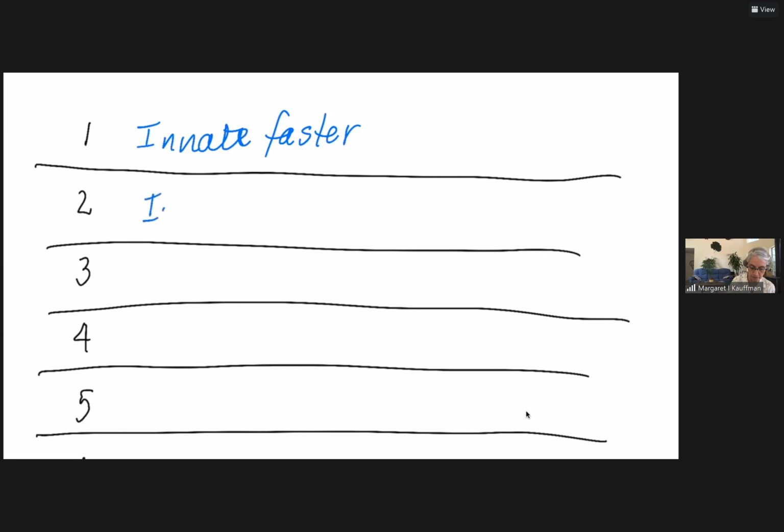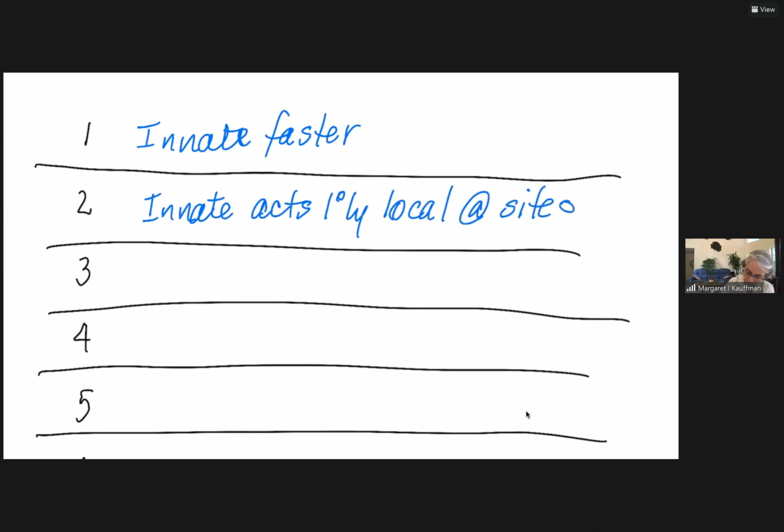Innate is mostly local, primarily local, at the site of entry, because I can fit that, versus the systemic nature.